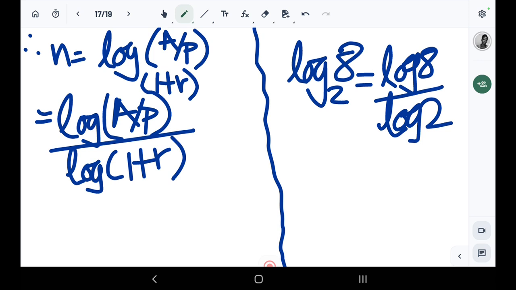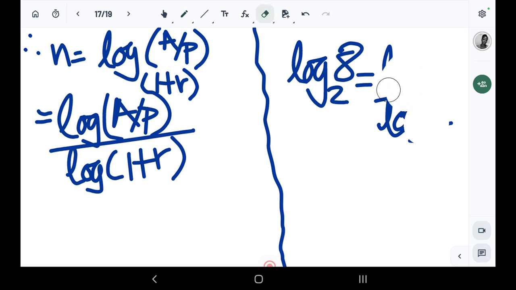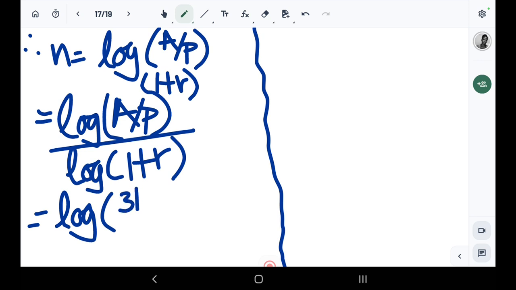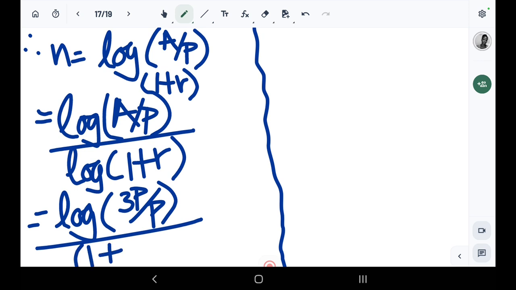That's how we calculate that when you're using a calculator. So now let's substitute all the numbers. That is the log of, the final amount is 3P, 3P over the initial amount of P, over the log of 1 plus 0.05 over 2.